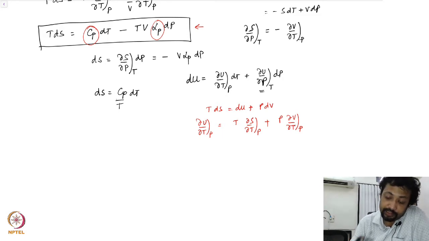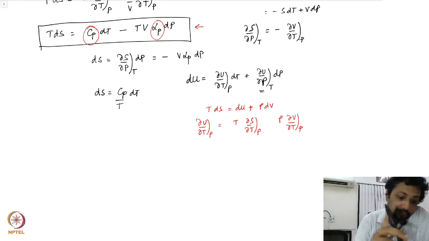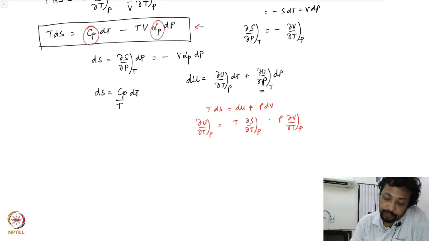Sorry, it's minus. This goes over here, minus. But T del S del T at constant pressure is Cp, minus PV alpha P.